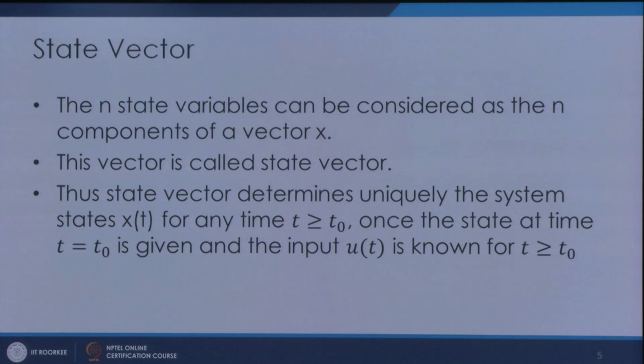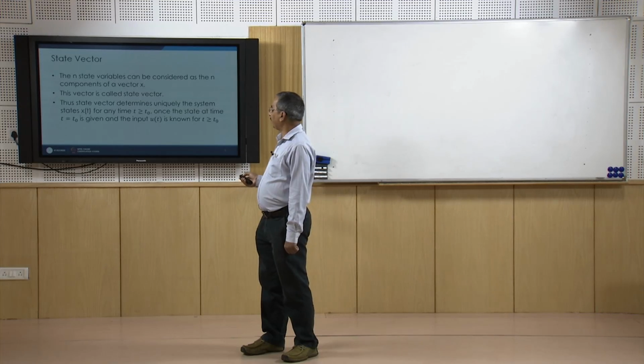Now, state vector: if I stack these variables in the form of a vector, as components of the vector, then we call it the state vector. That is, the n state variables can be considered as the n components of a vector x, and this vector is called the state vector.